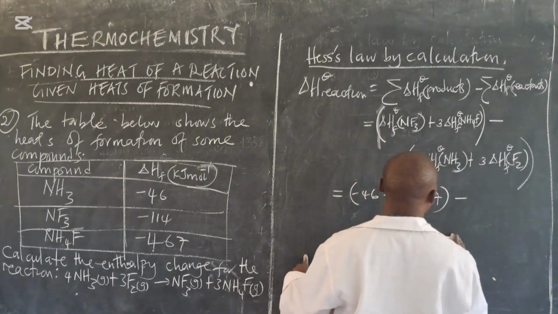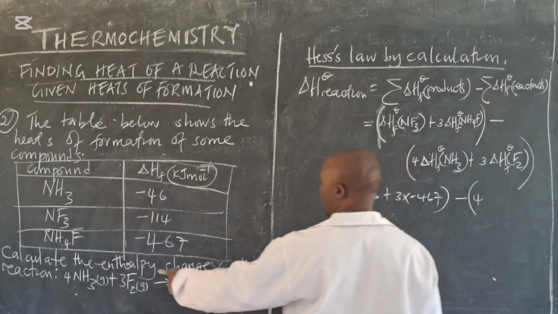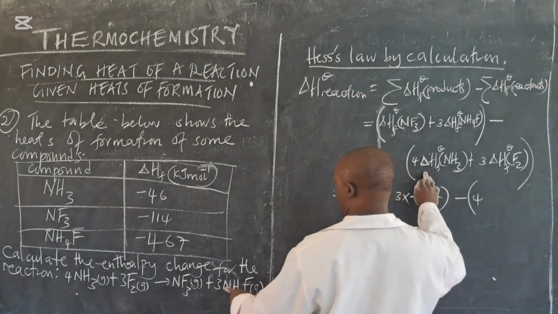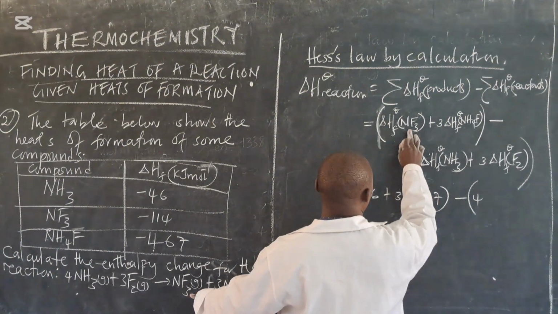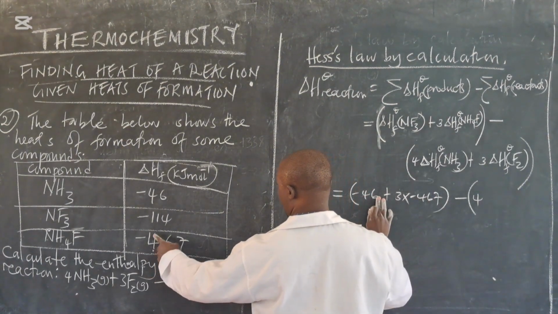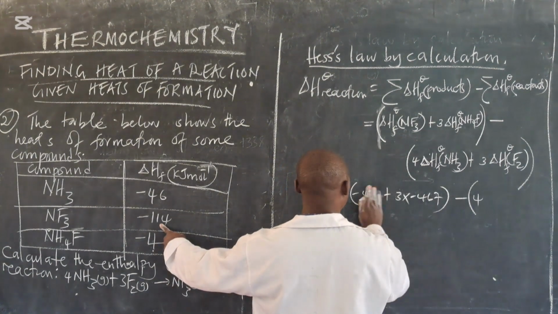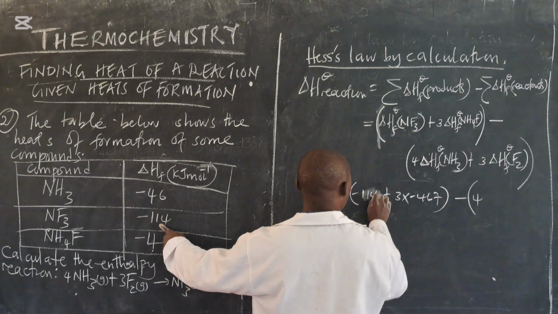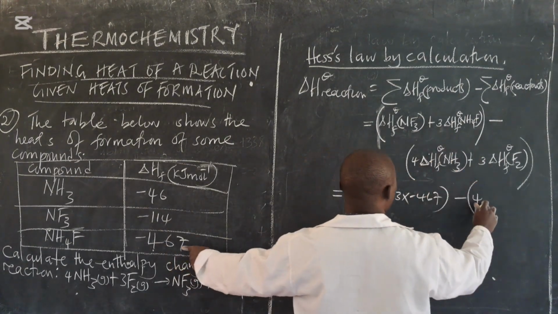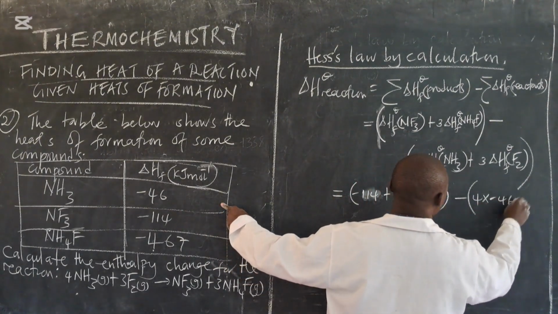Then we are subtracting for the reactants: 4 times for ammonia, that's negative 46.